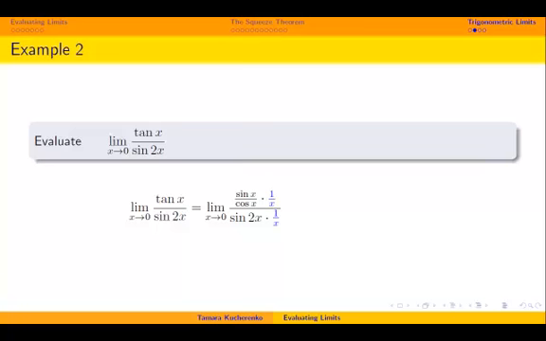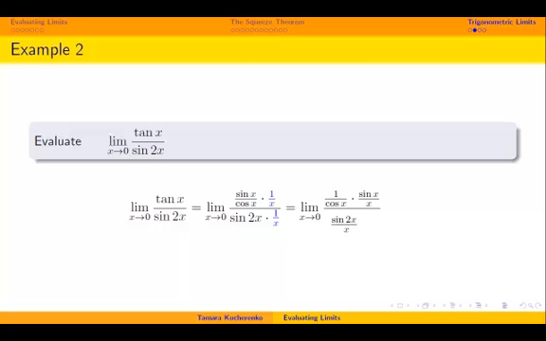Now we rearrange the terms and get 1 over cosine x times sine x over x in the numerator and sine of 2x over x in the denominator. In the numerator, sine x over x has the desired form.